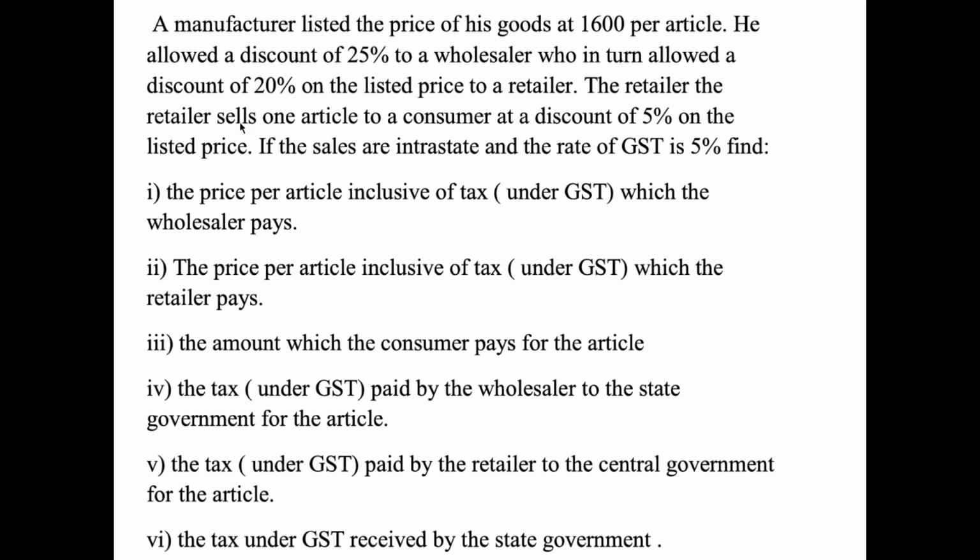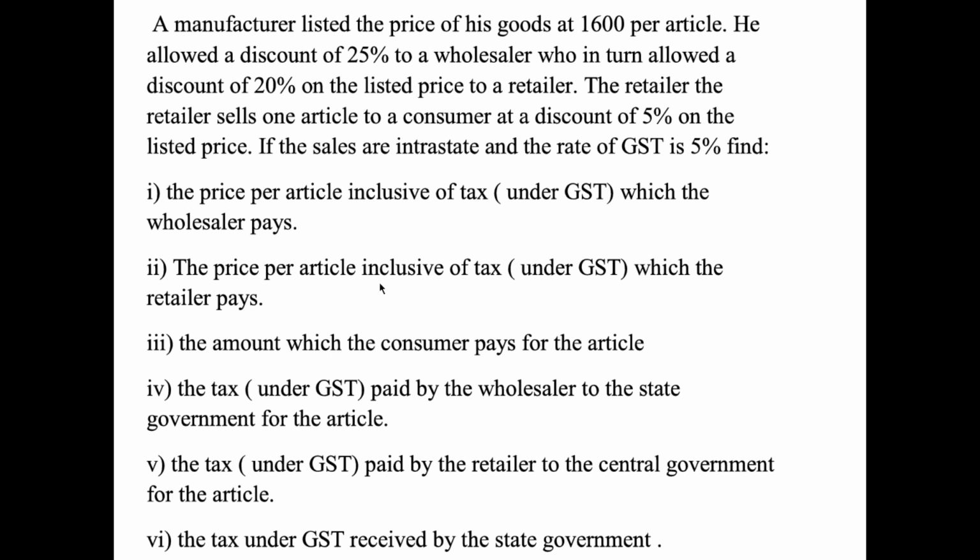The retailer sells one article to a consumer at a discount of 5% on the listed price. If the sales are intrastate and the rate of GST is 5%, then find the price per article inclusive of tax under GST which the wholesaler pays.